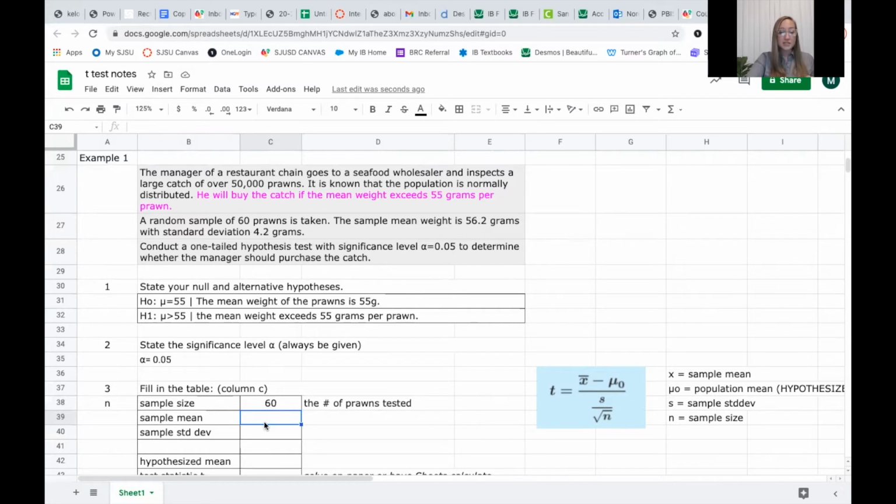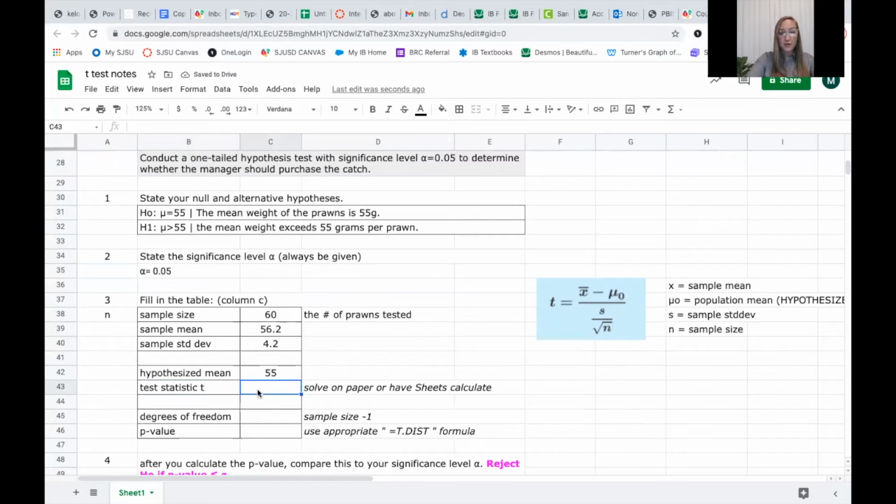So from weighing those 60 prawns, we got a mean weight of 56.2. The sample standard deviation, pretty self-explanatory, the deviation from the sample. Okay, those are given from the problem. Our hypothesized mean is the mean that we're testing against, which is the one that we say is either equal to or mu is greater than.